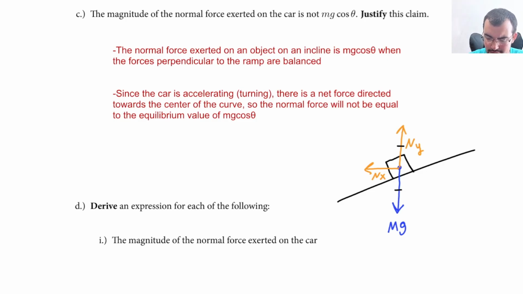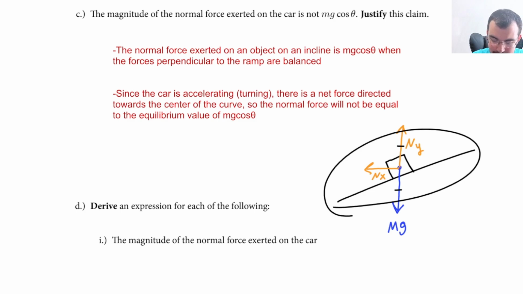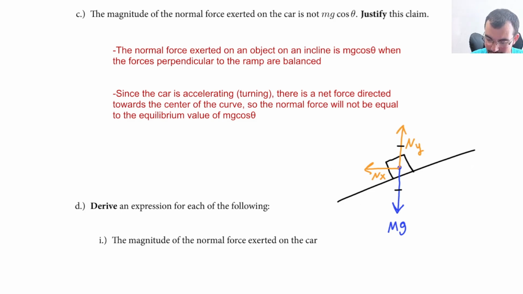So that's our component body here, which makes the banked curve a very strange and atypical situation, because this is the one time we're not looking at an object that's sliding up or down a ramp. It's just maintaining its level here.